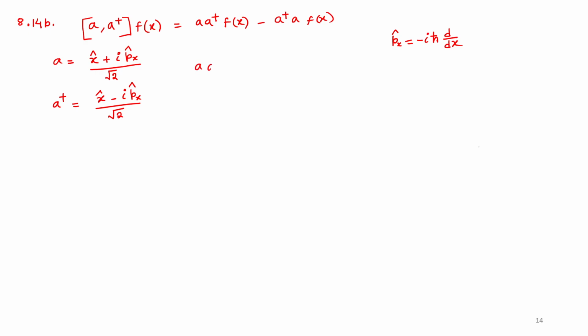What is a a dagger? It is 1 by root 2, and 1 by root 2 times 1 by root 2 will become 1 by 2, then (x plus i px) multiplied by (x minus i px).